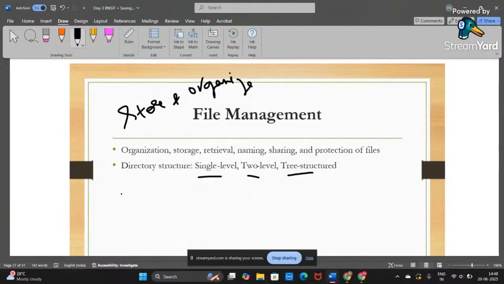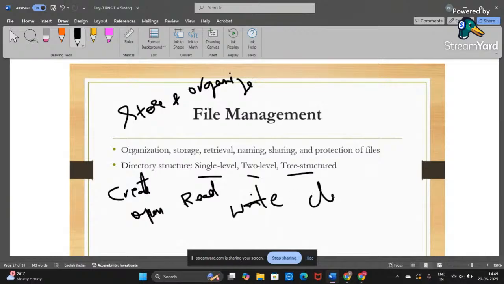Mainly the file operations are create, open, read, write, close, and delete.